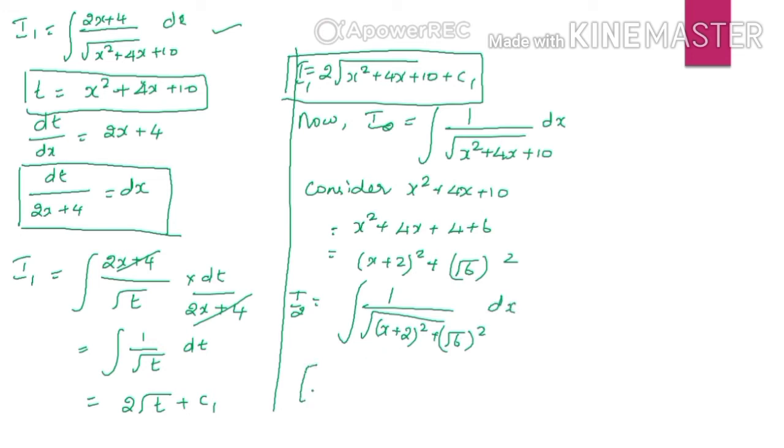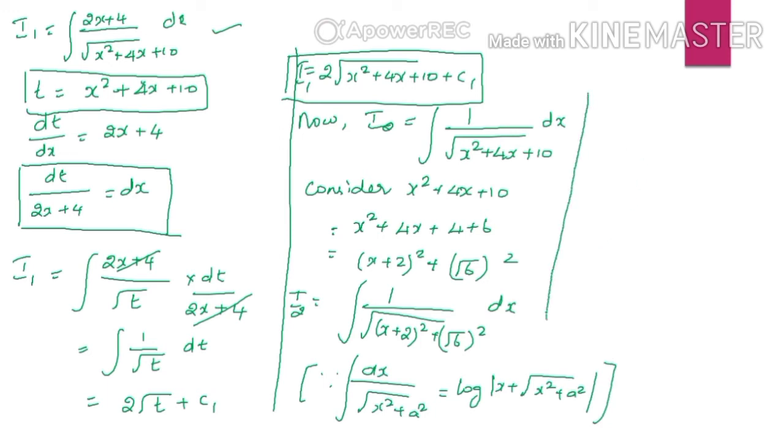We can apply the formula directly, since it resembles the form integral dx divided by square root of x square plus a square equals log modulus of x plus square root of x square plus a square. In the place of x I have x plus 2, and in the place of a I have root 6.